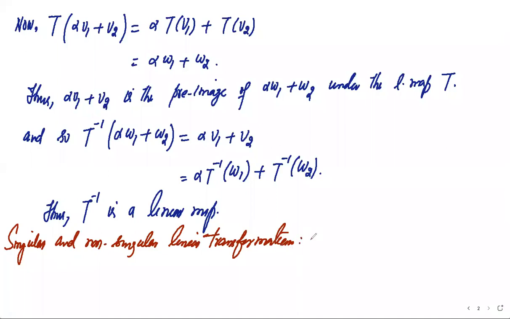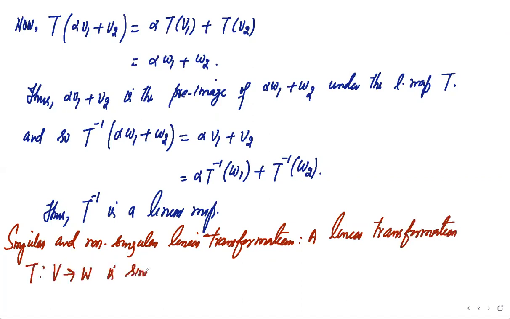And how do we define these singular and non-singular linear transformations? We define a linear transformation T from V into W to be singular if T of v equal to 0 implies v is equal to 0.